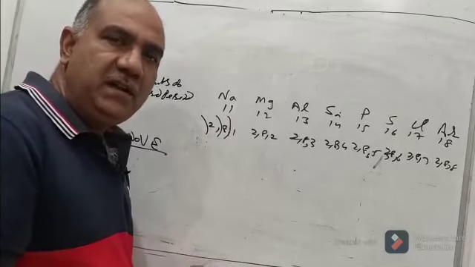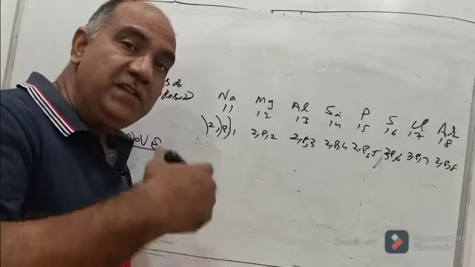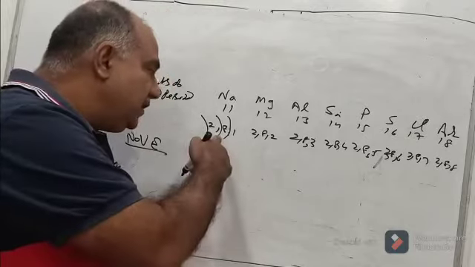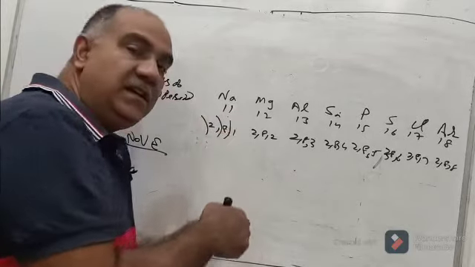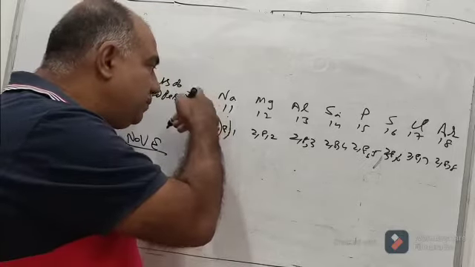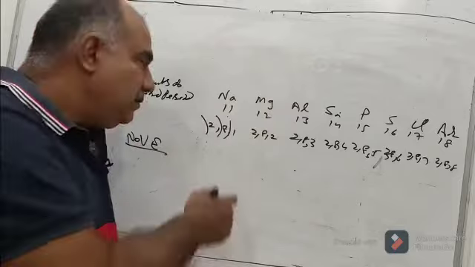And we have told that valence electrons are the ones that are found in the valence shell, which obviously is the last one for this. See, valence orbit or valence shell for the elements that are placed in second period is second orbit, but here it is third.